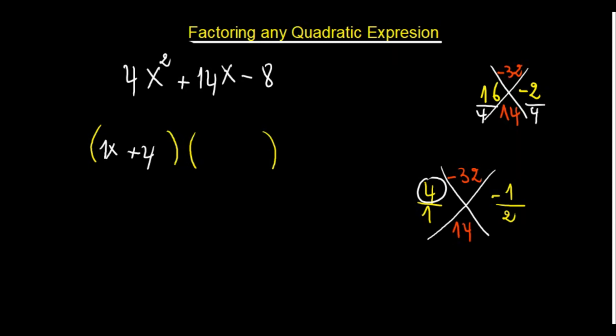For the other term, the bottom number gives you the coefficient of x, so we have 2x. The top number gives you your constant, so just negative 1, and you are done.